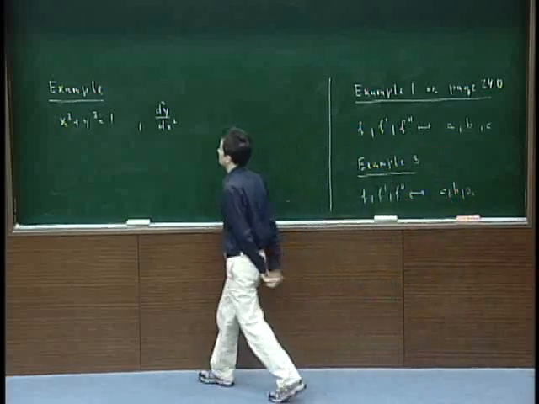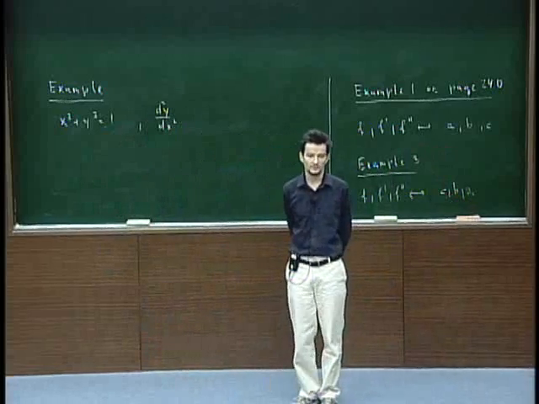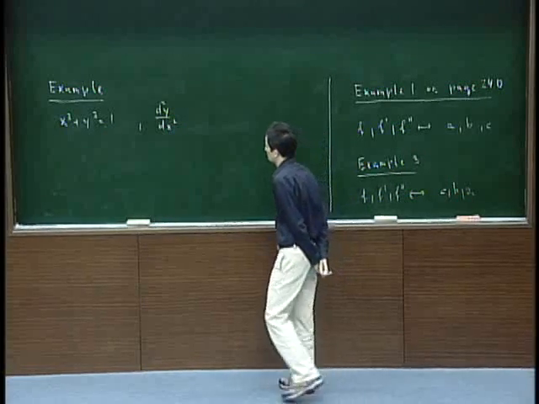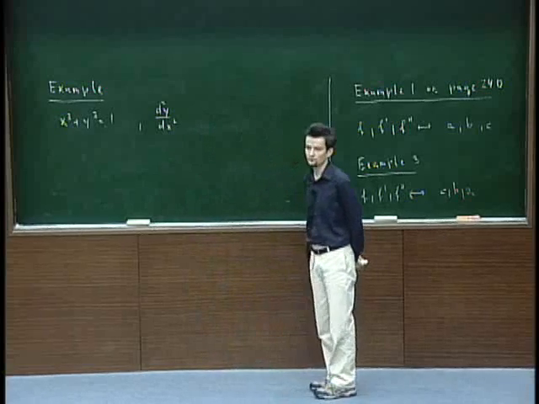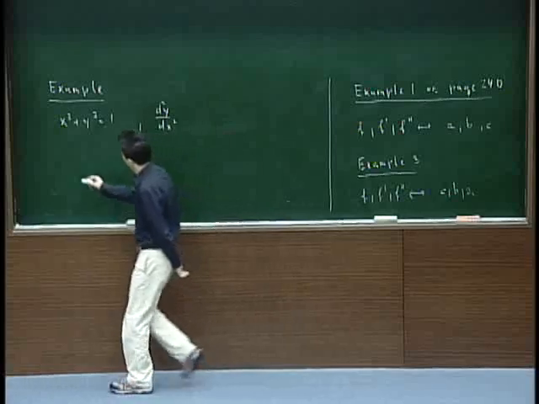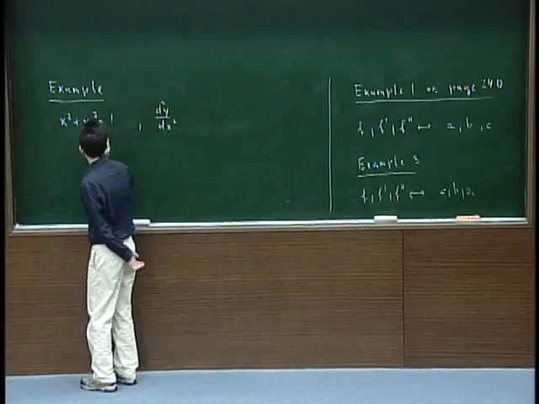One method, because this is an easy equation, is to solve first for y, and then use our rules to find the derivatives. But actually you do not have to solve for y. First we just take the derivative on both sides in order to get the first derivative.